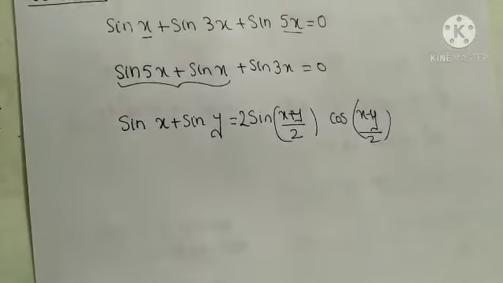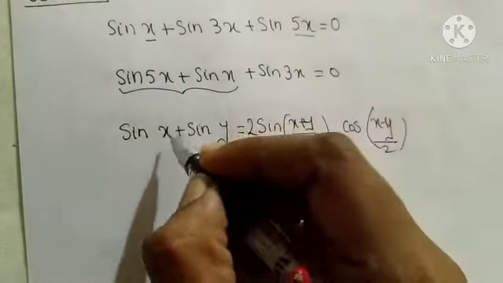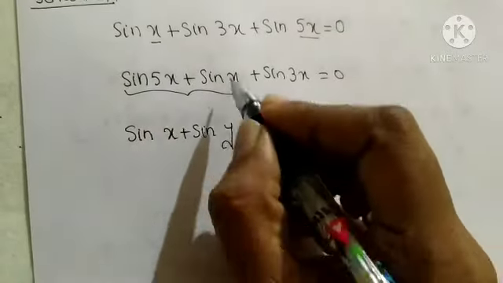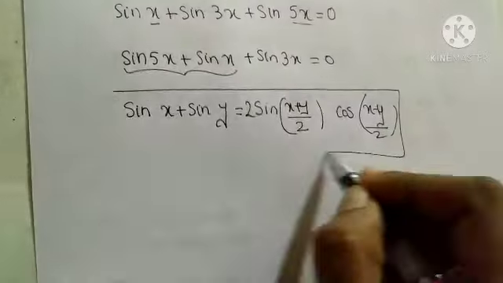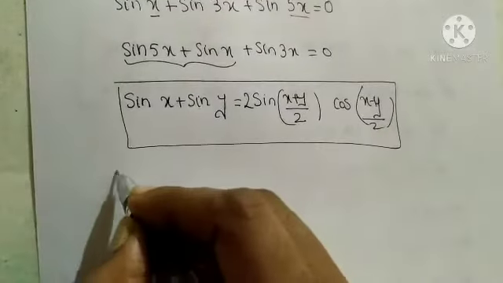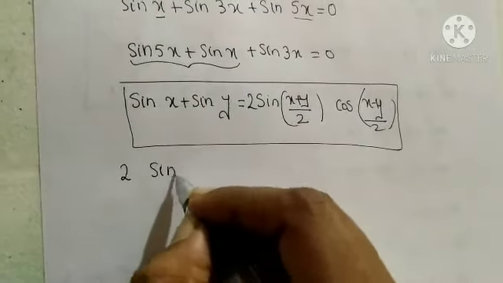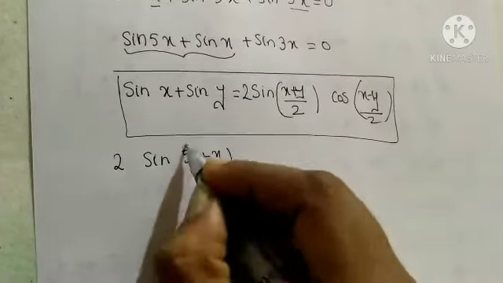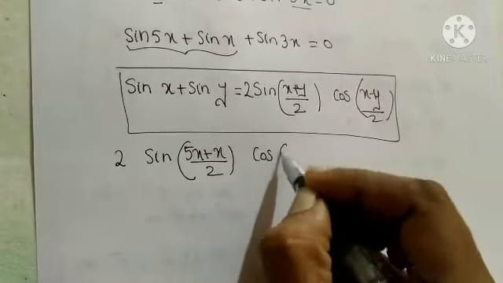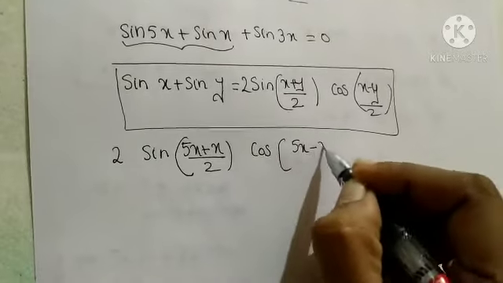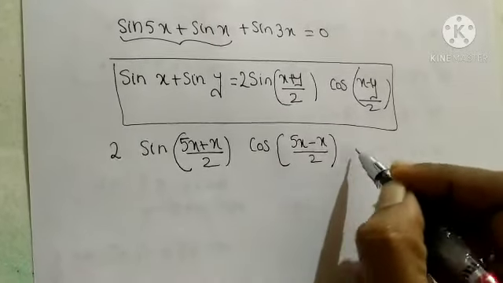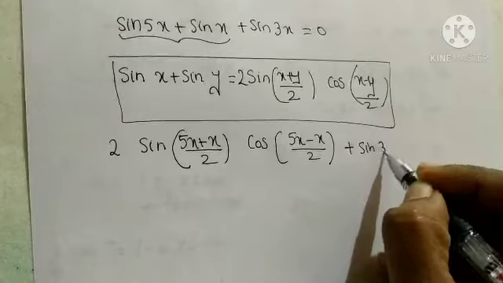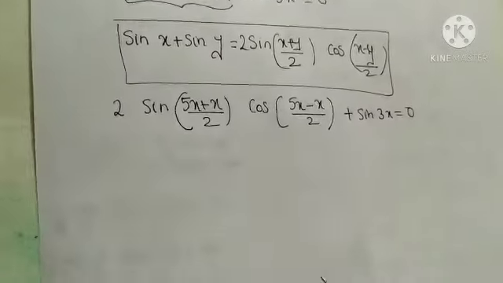Next I am going to replace x by 5x and y by x here. So it will become 2 sin (5x plus x) by 2 into cos (5x minus x) by 2, and also write this sin 3x equal to 0.